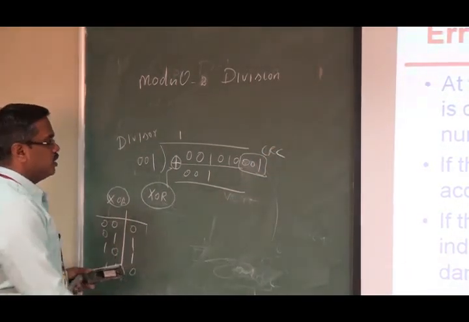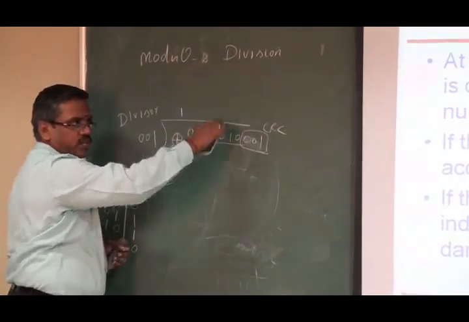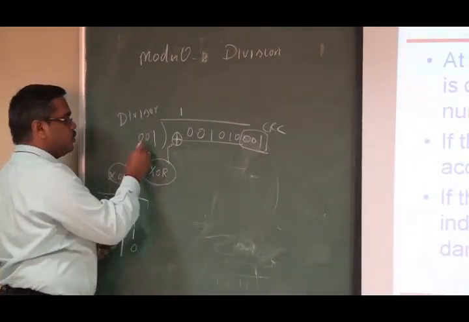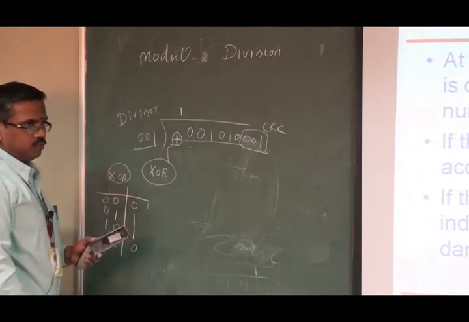Then the modulo 2 division is performed again at the receiver side using the same predefined divisor value.